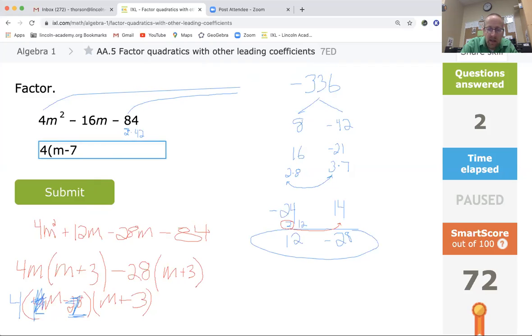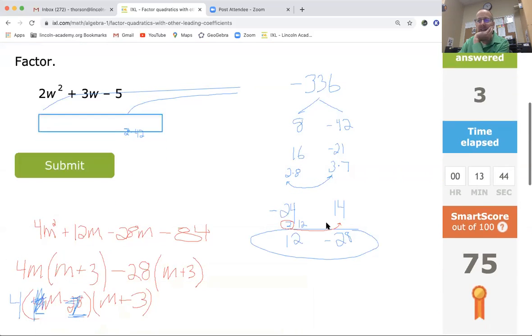That's a 7. I made that really scribbly. m minus 7, and then m plus 3. Did that make sense, though, that one extra step at the end? Yeah, there was that extra factor of 4 in there.